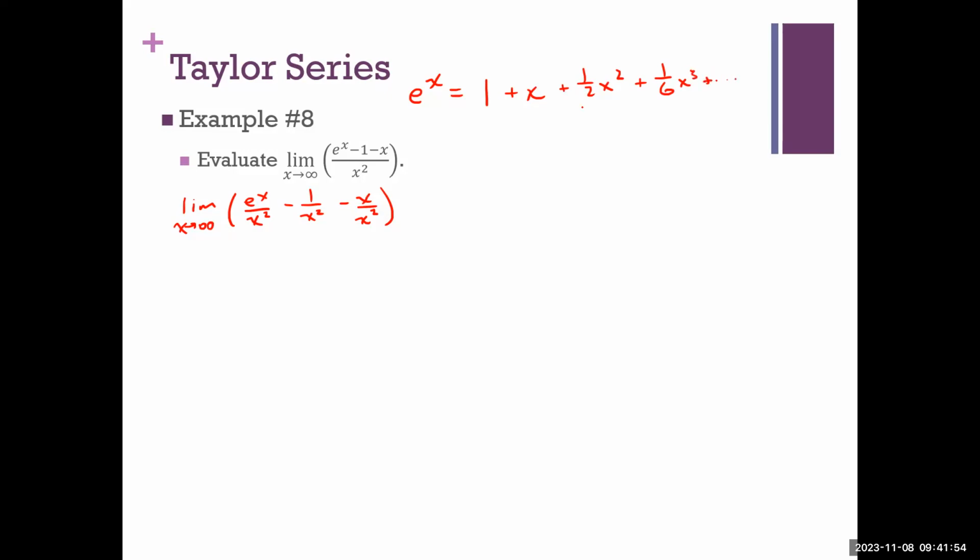If anyone wants to look at a couple days ago in their notes, I believe that e to the x is equal to this series, x to the n over n factorial.